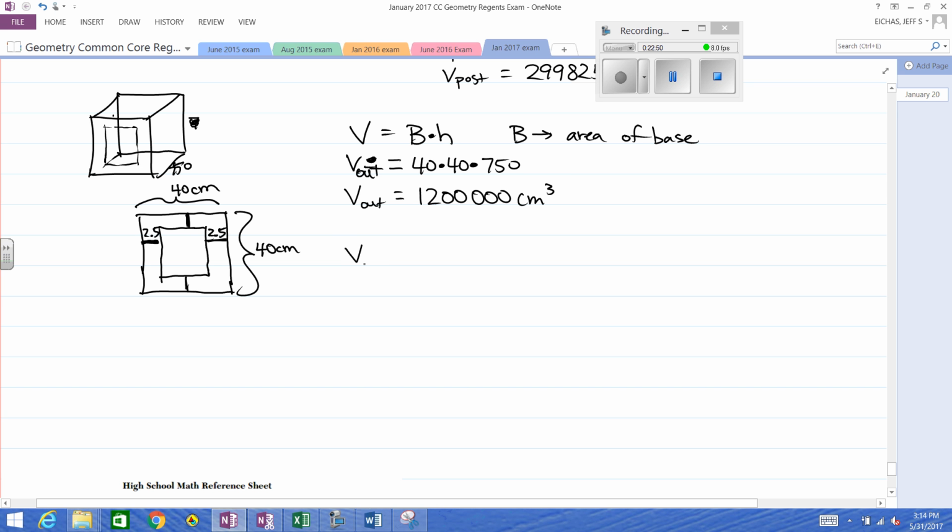The volume of the inside part. Here's what I was getting at earlier. If you're taking 2.5 off of each dimension, really what you're left with is 35 across, 35 this way. So your base here is 35 times 35. And when we do that, you're going to get 918750. Same thing that we did up there, the volume of the post, you're going to subtract those.